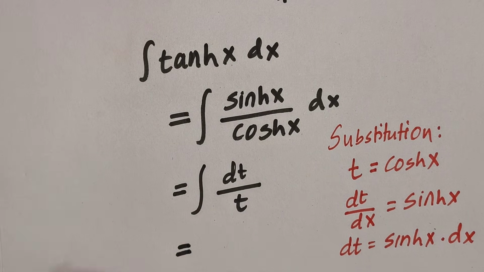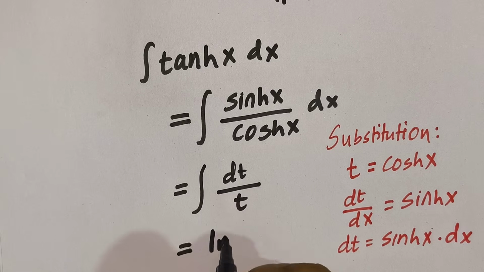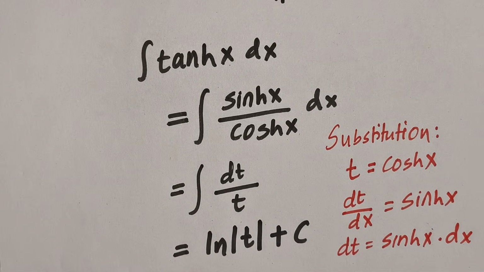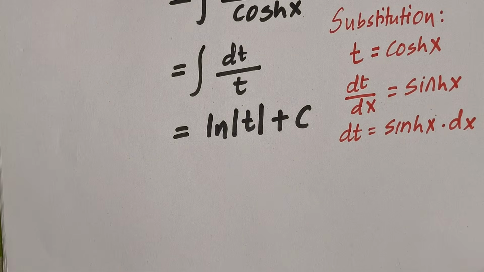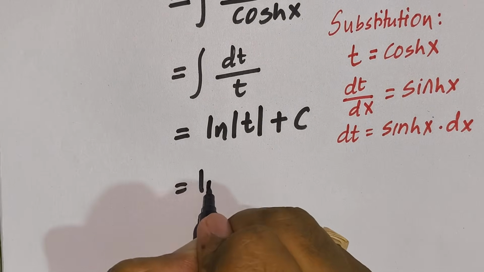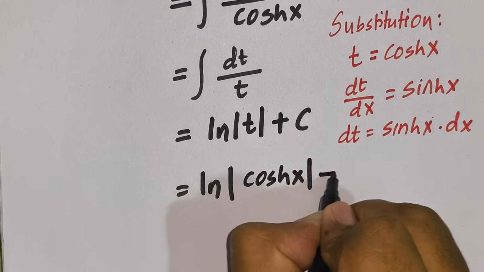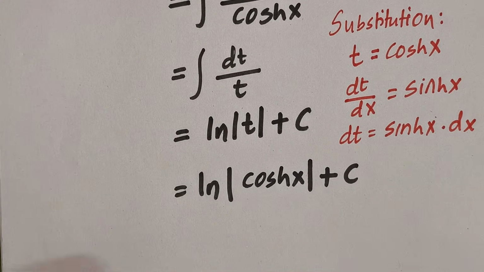So we have this integration as ln absolute value of t plus arbitrary constant c. We have taken hyperbolic cosine as t, so this integration becomes this one.